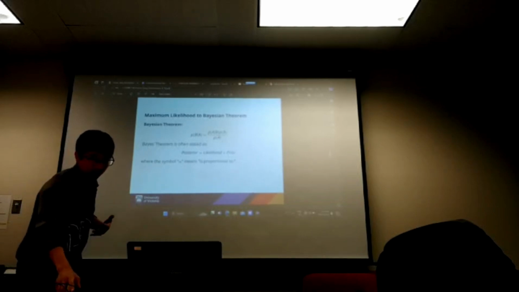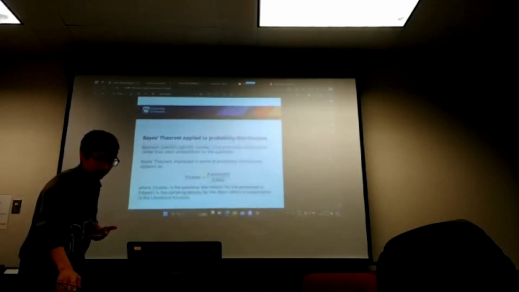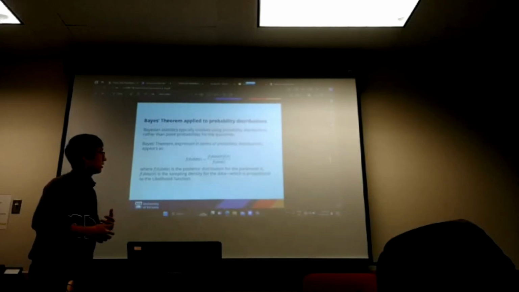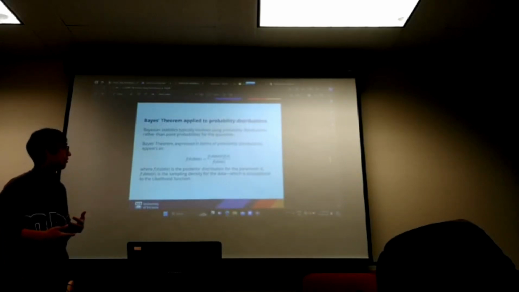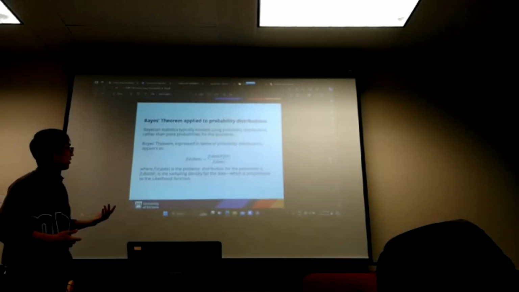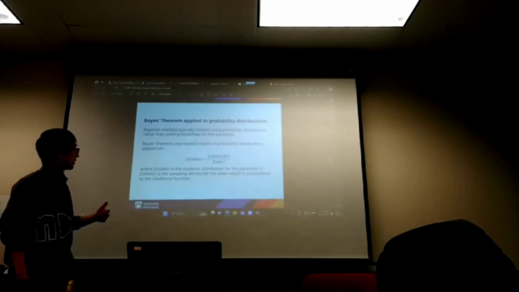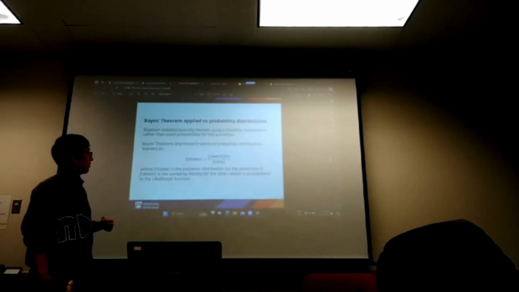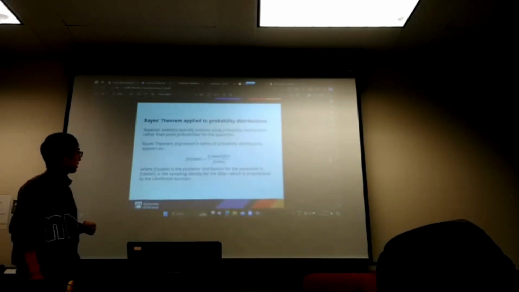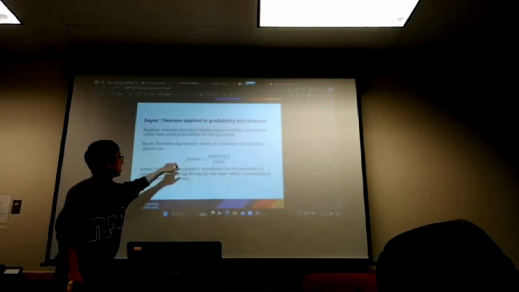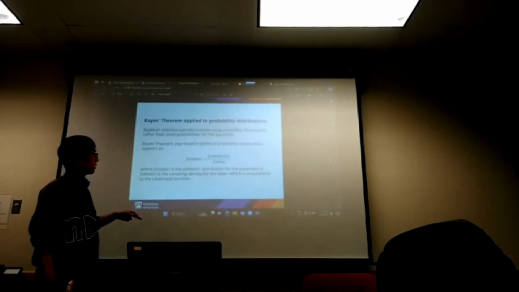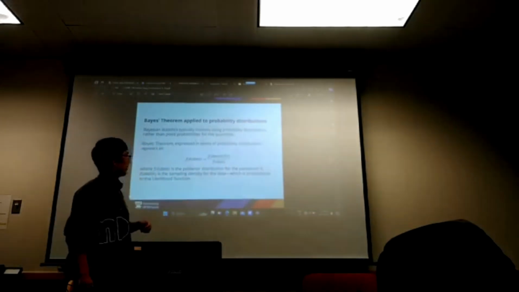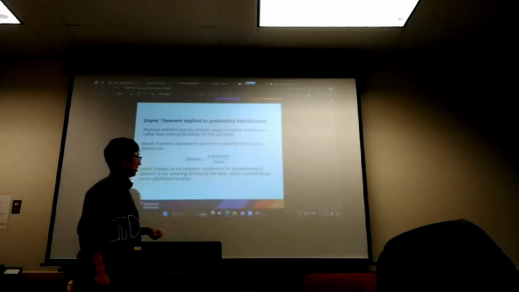And when we want to apply this theorem to our practical problem, we need to use the probability distribution form, just like this. It is also Bayes' theorem, and the left one is the posterior distribution, and f(theta) is the prior distribution, and this one is the likelihood.